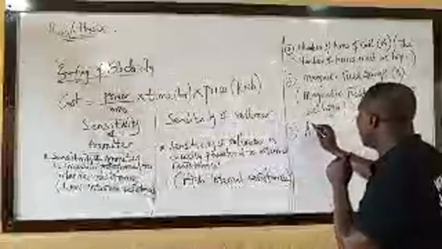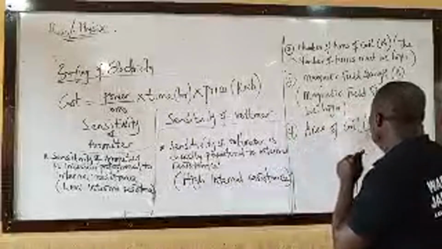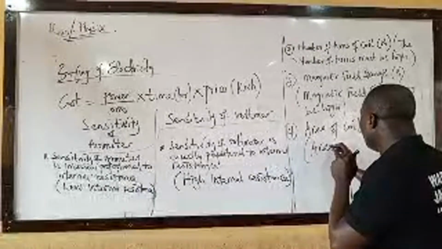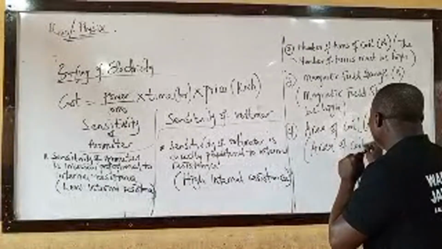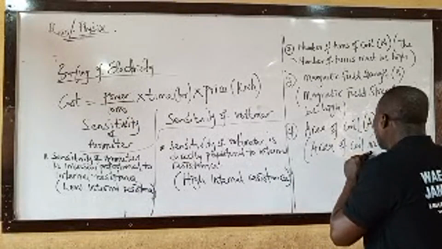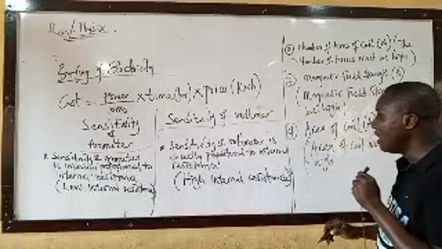Number four: area of coil. The area of coil too must be high for both of them.